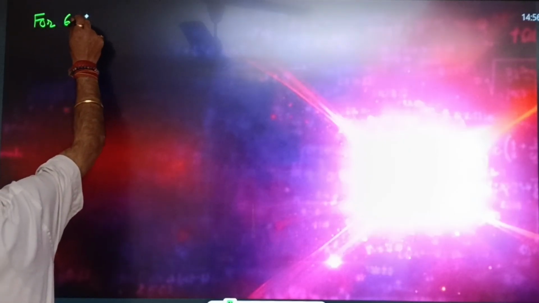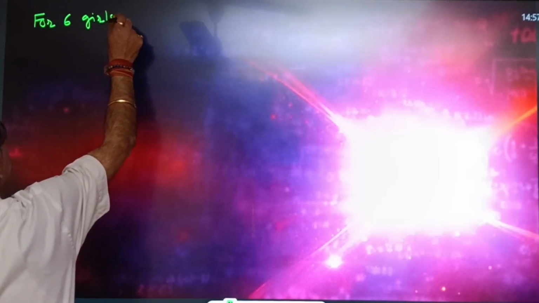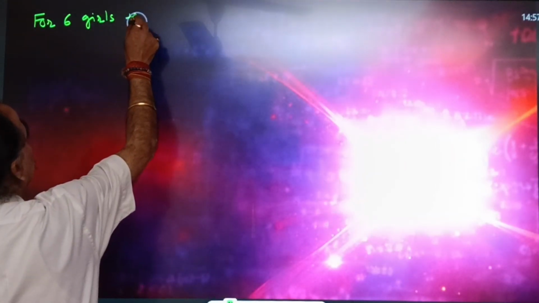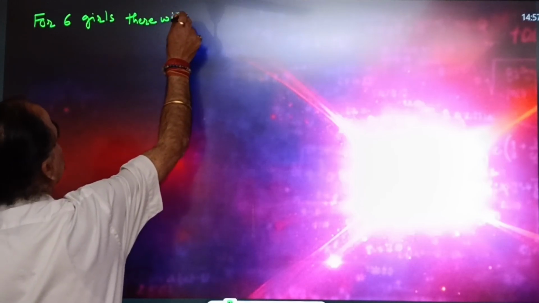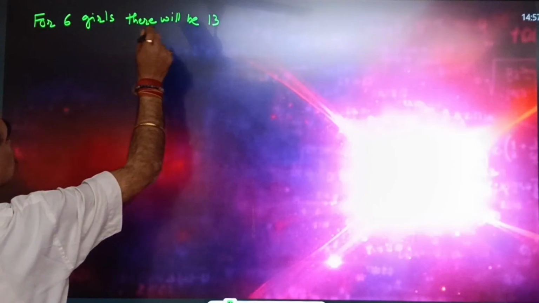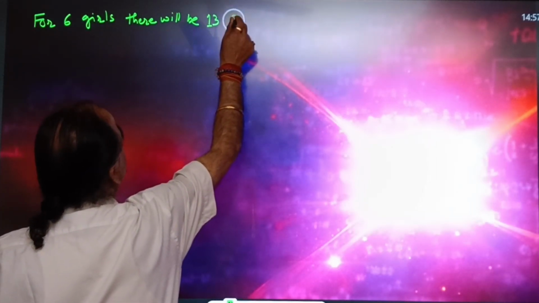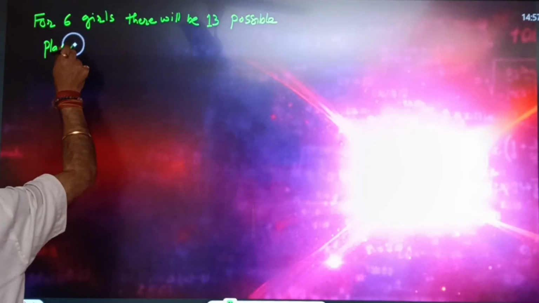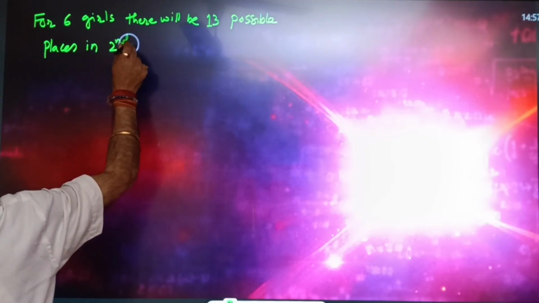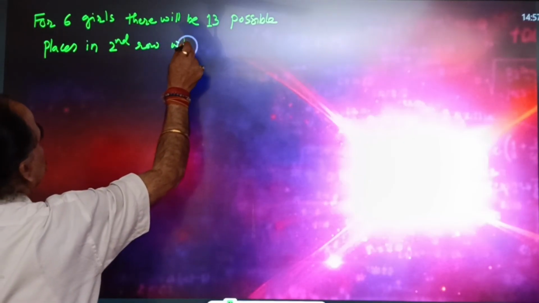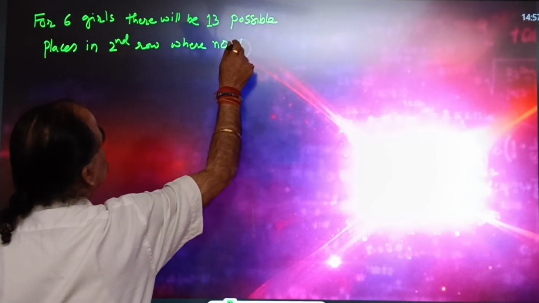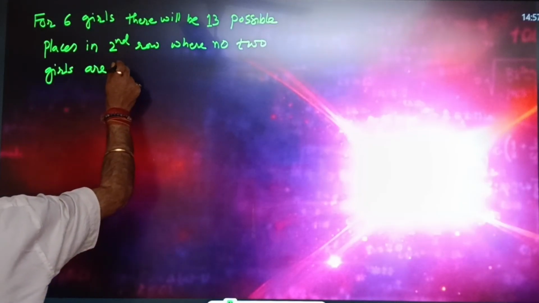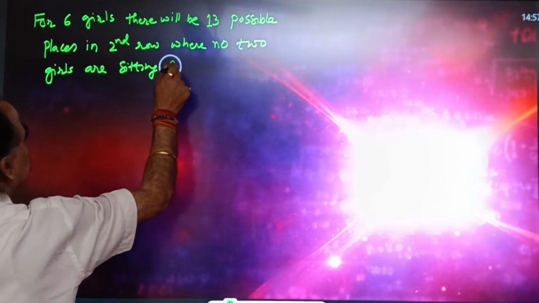For 6 girls, there will be 13 possible places in the second row where no two girls are sitting side by side.